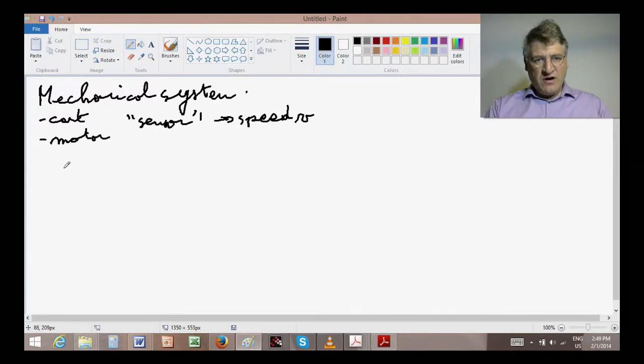The equations of the cart are m v dot is equal to the force applied by the motor plus maybe other components like friction.